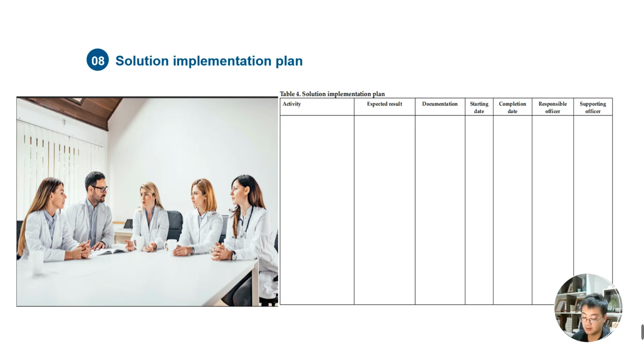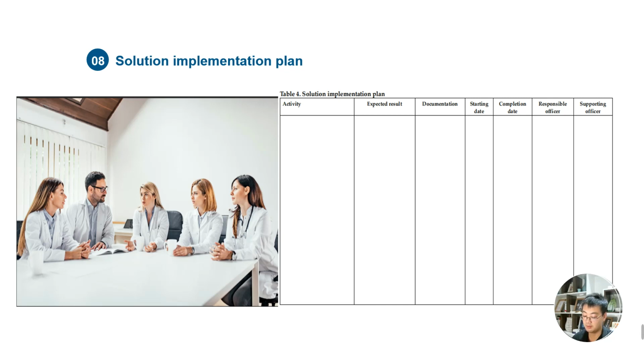Prioritize activities and prepare an implementation plan. State the expected results of each activity. Results should be as measurable as possible in order to assess the effectiveness of activities.